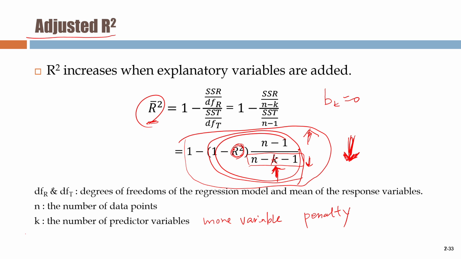So I want to measure whether my new variable increases R square significantly enough to overcome the penalty. Whenever you see adjusted R square going up, it means your newly added variable brings enough value to your y.